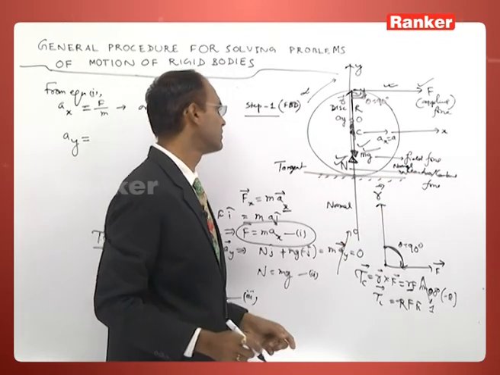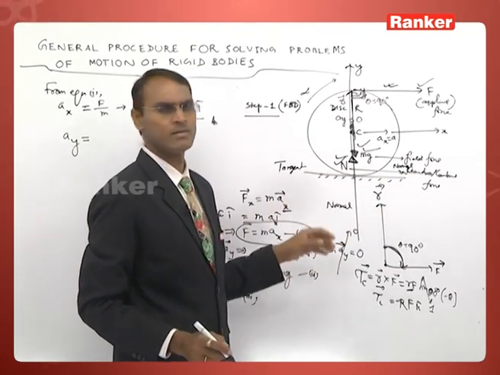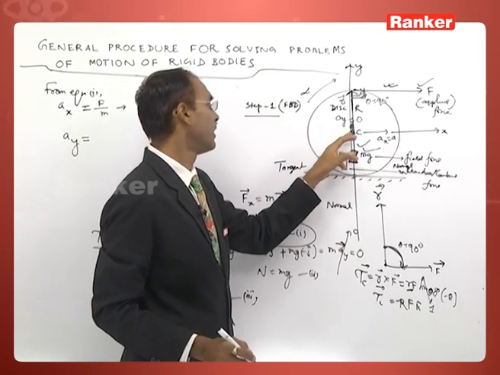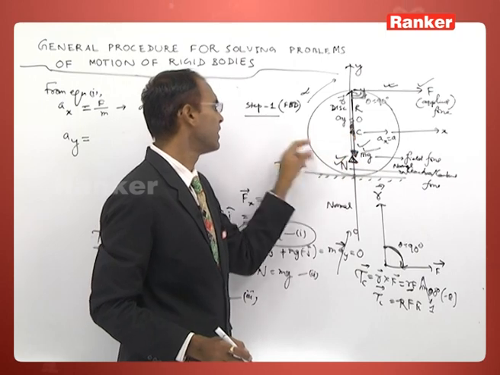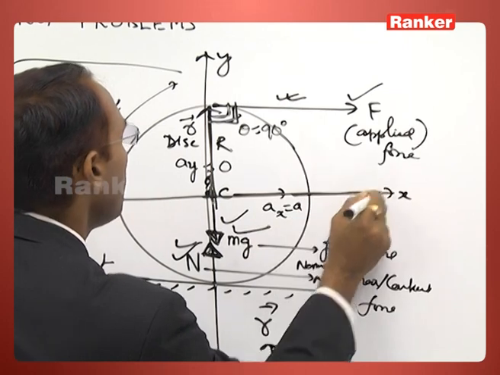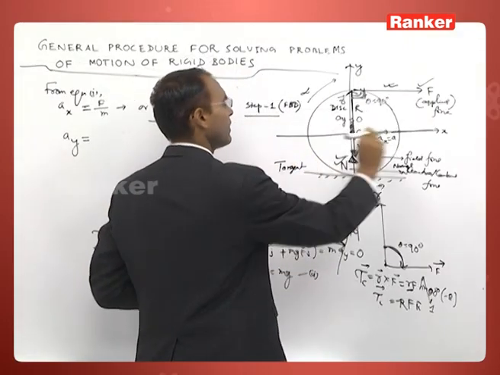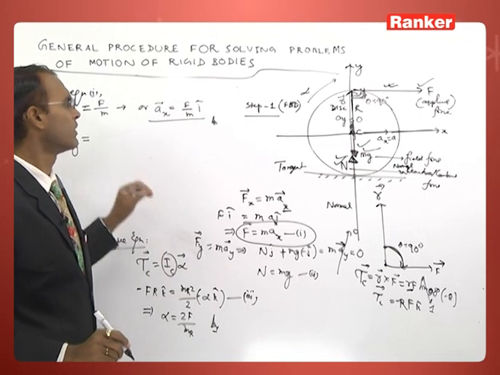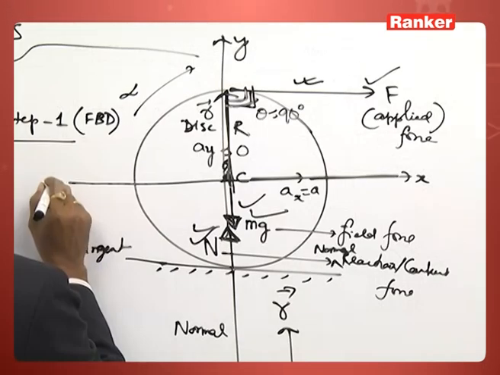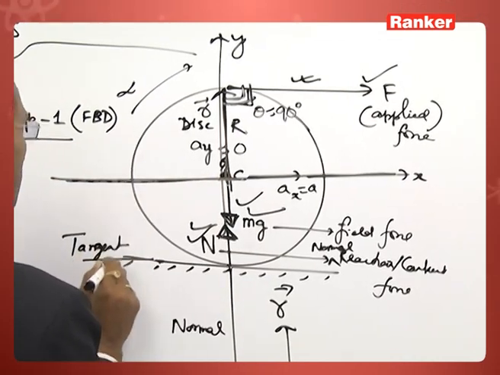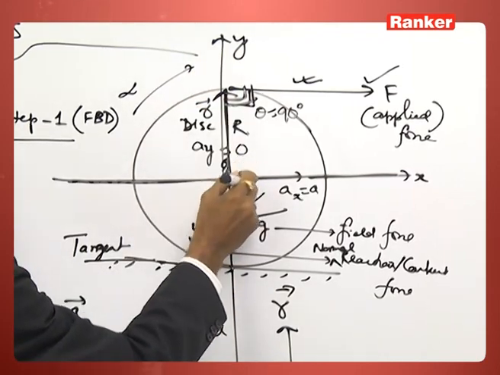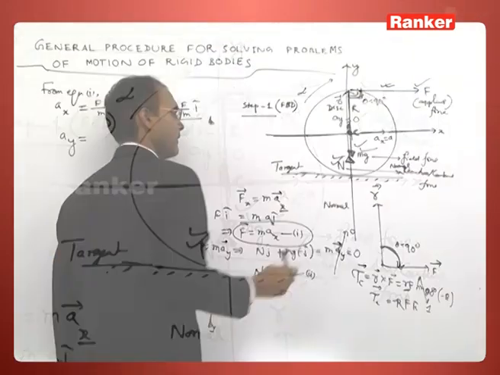Using the given condition from the physical situation, if you analyze this point, the center of mass is moving in a straight line along the horizontal line, which is passing through the positive x direction. Since this line is horizontal, there is no question of motion of the center of mass along y direction.